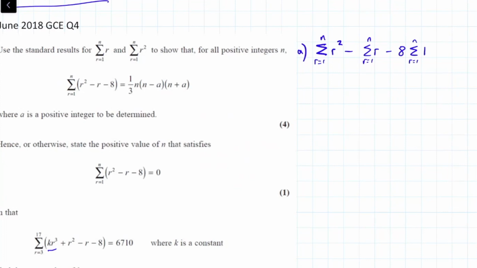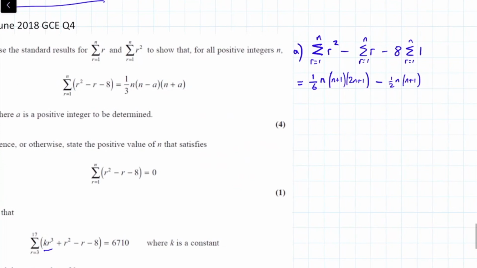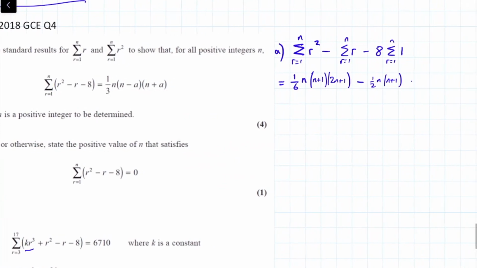So we'll start off with this. We put the numbers in, we get 1/6 n(n plus 1)(2n plus 1). That is the sum of squares. Minus 1/2 n(n plus 1). That's the sum of the natural numbers. Minus 8n.